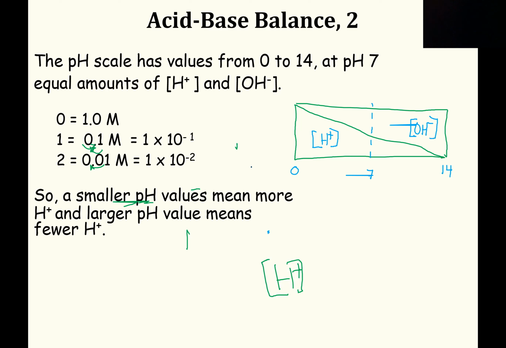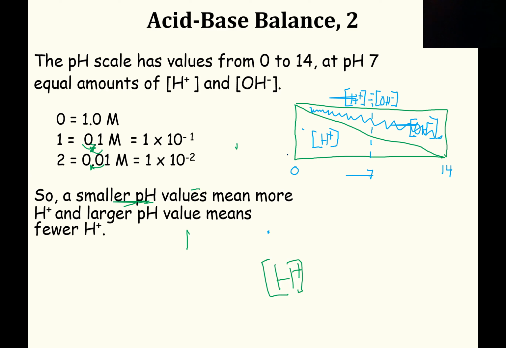So the box for hydroxide is going to get bigger as we get closer to 14, which increases the quantity of hydroxide. At 7, the hydrogen ion concentration is going to equal the hydroxide concentration.